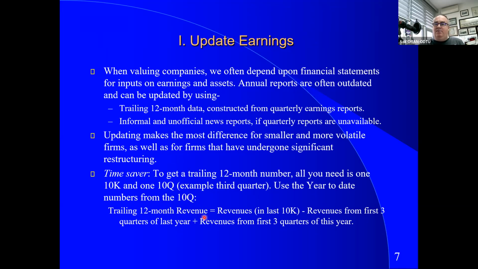And you can obtain the trailing 12-month numbers by going in and using a combination of the 10K and 10Q. You can add up all of the 10Qs for the last 4 periods to get an earnings number, or you have some additional detail in the year-to-date numbers. Up to this point, this has happened. So some ways that you can utilize that.